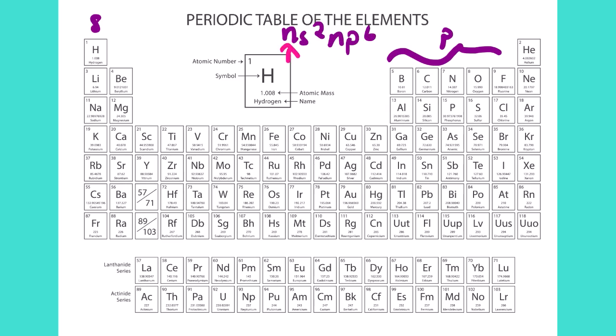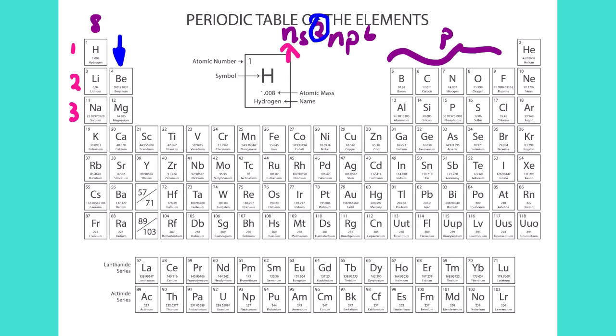So this n can be 1, 2, 3 or 4. Remember, we do have 1s, 2s, 2p, actually 3s, 4s. But remember, this 2 simply means that we're talking about the maximum of s orbital. Then going to p orbital, we are going to focus on the elements which are on the last row or the sixth row of the p orbital.